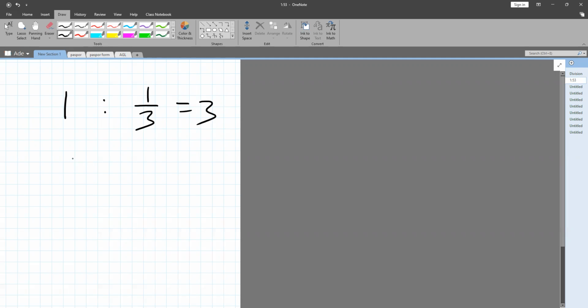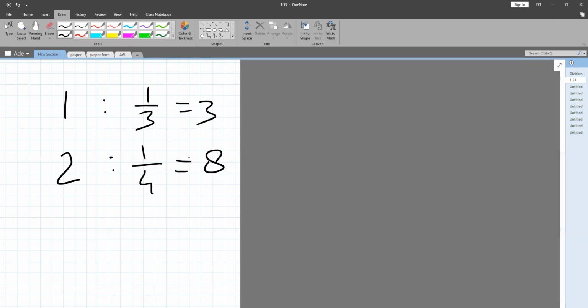Now, what about, okay, this is a bit harder, so be careful. 2 divided by a quarter now. 8. You are good, actually. You know why it's 8? Because 4 times quarter is 1, right? And then when you double it, that's 8.